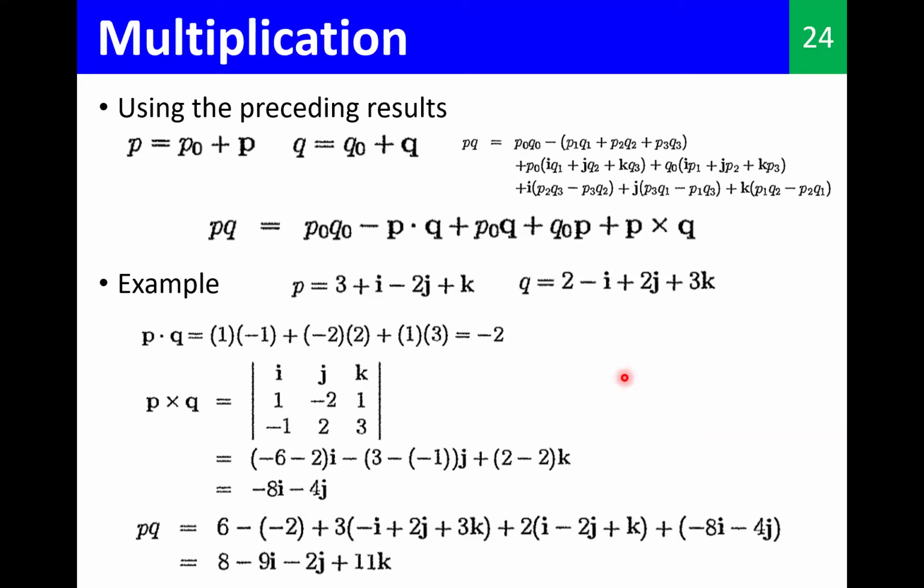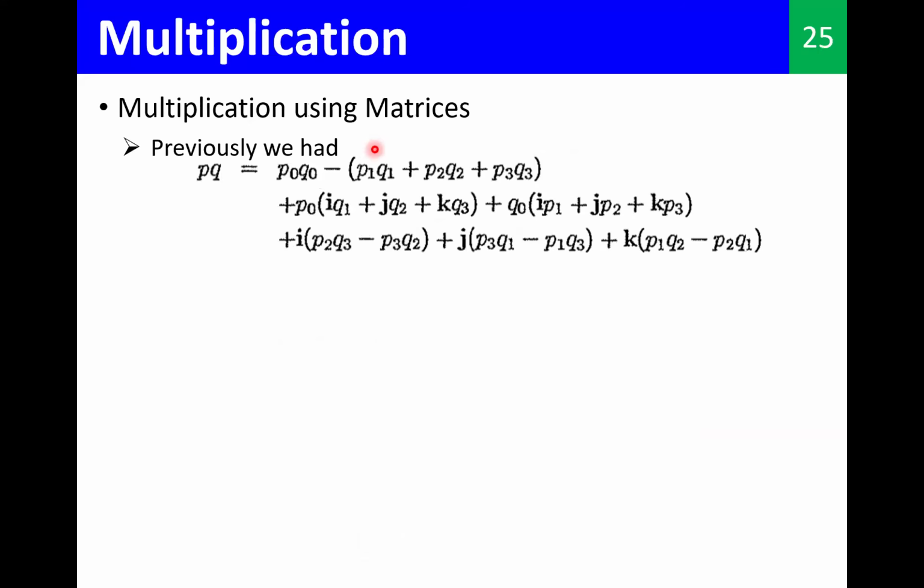Okay, so the next part is there is another way to do the quaternion multiplication. That's basically by using matrices, right? So previously I had this answer, and what I did was I grouped them in a certain manner, right? This is the dot product, and this is the cross product, and so on.